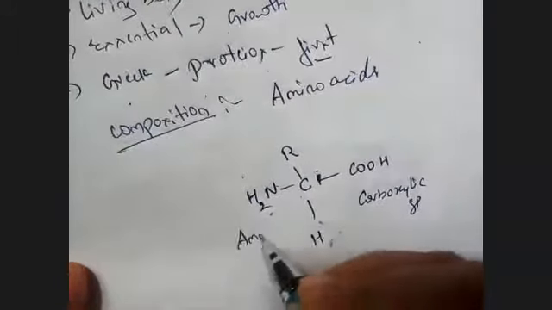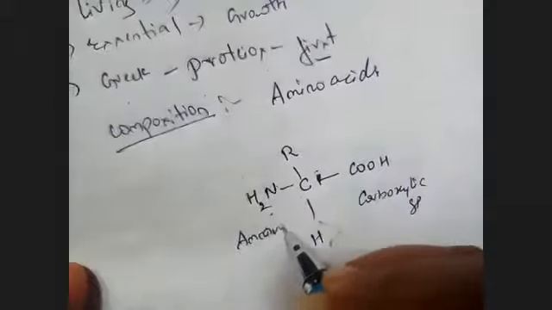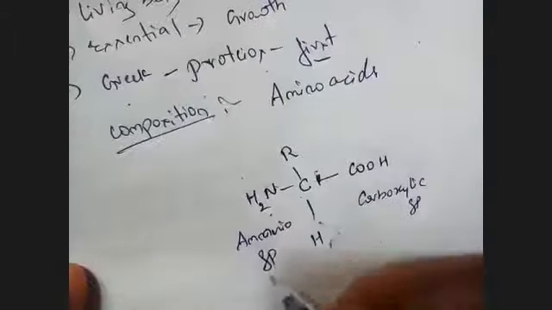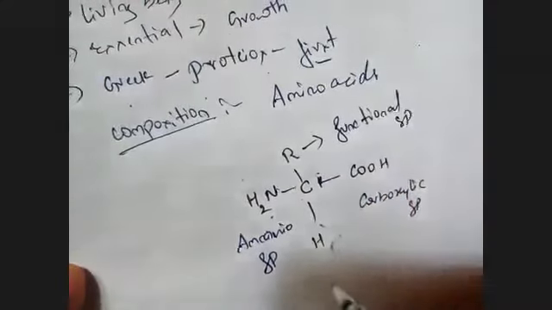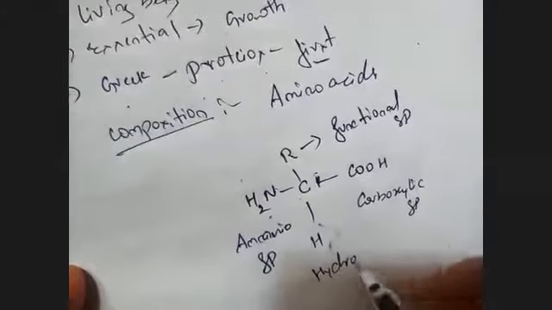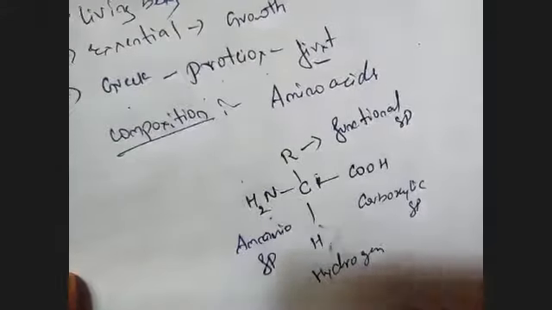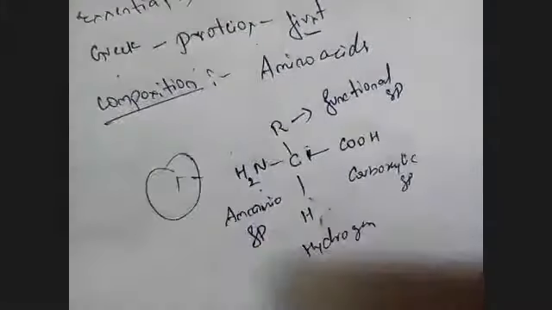Here the amino group. This is the functional R group. This is hydrogen. This is not a group, this is a single hydrogen. So the four components make one amino acid.